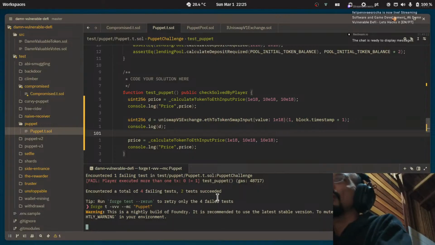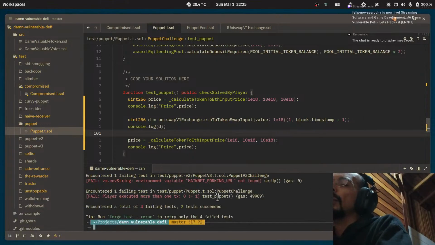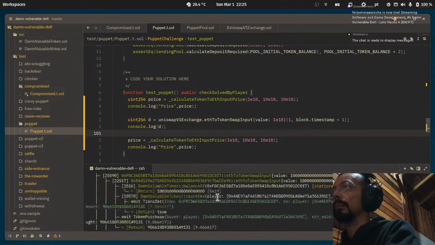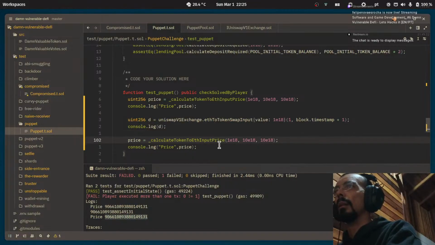That should be returning, because I give more Ethereum, that should be returning more token, I think. Okay, they expect the same. I think it makes sense.